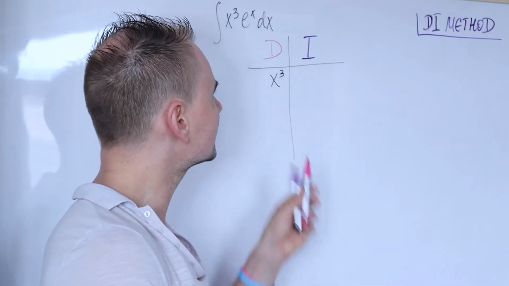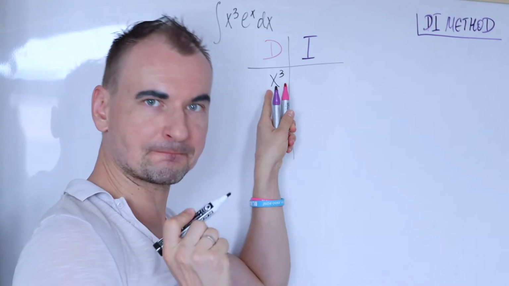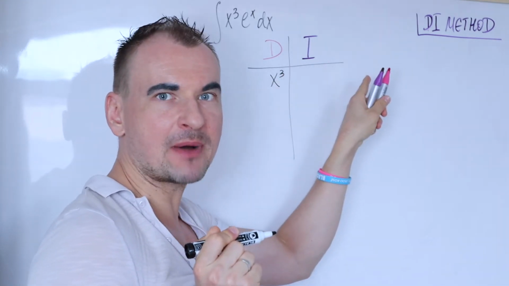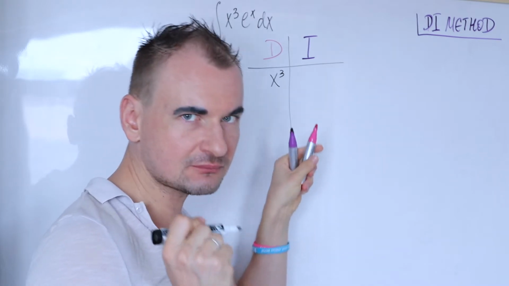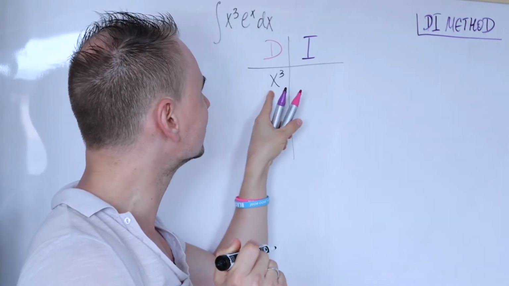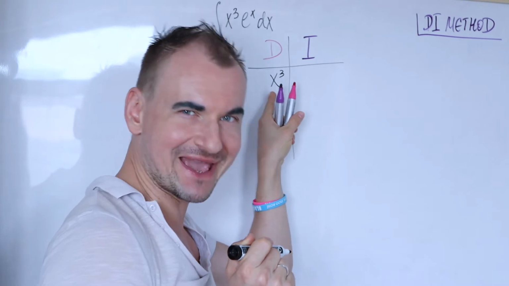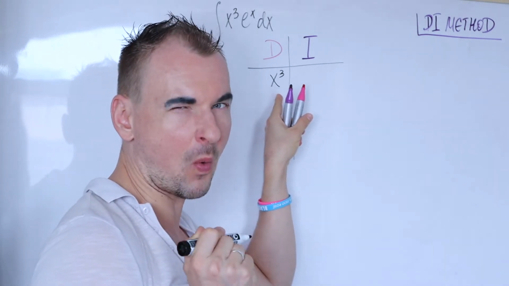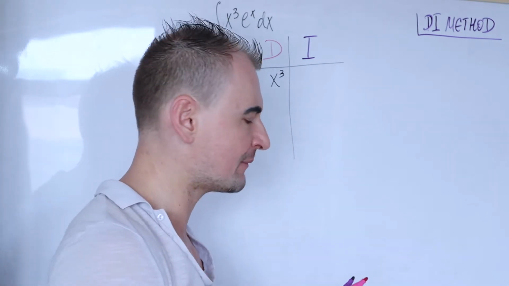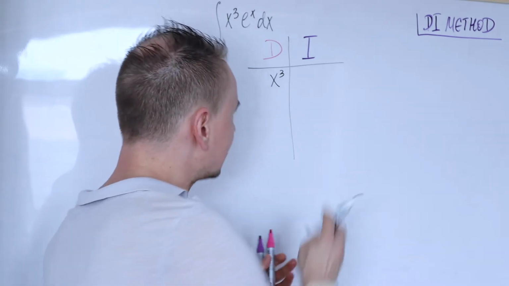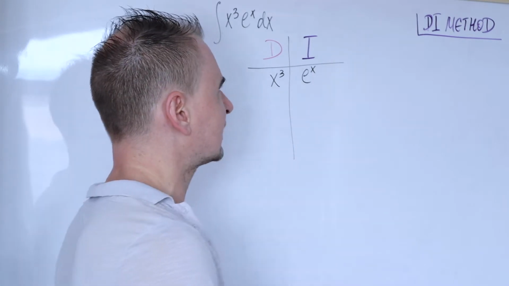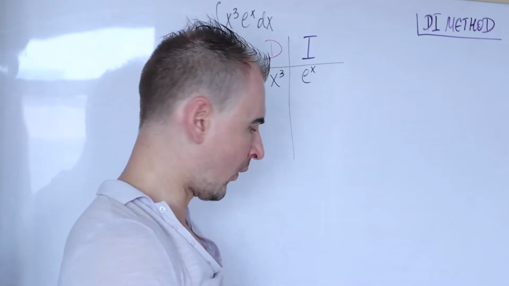Also, if you notice, it's basically your U expression for the integration by parts formula, what we picked for U. So whatever you picked for U basically goes for your D column as a good rule of thumb. So e to the x is going to be your factor for the second column.